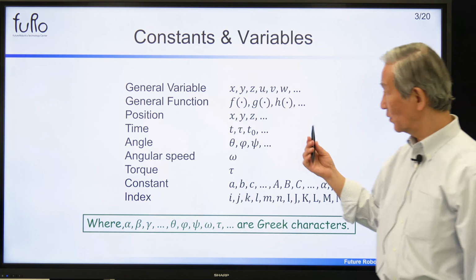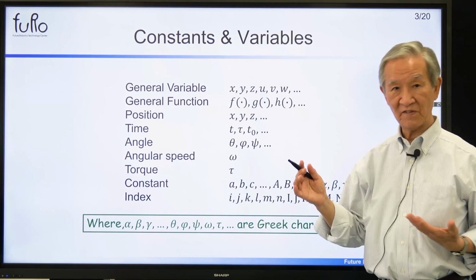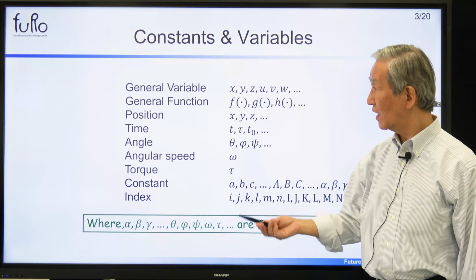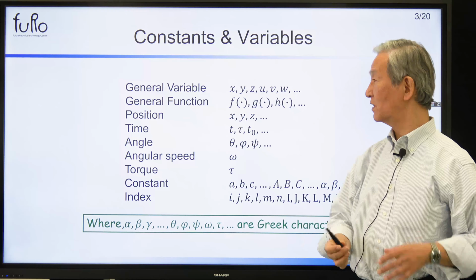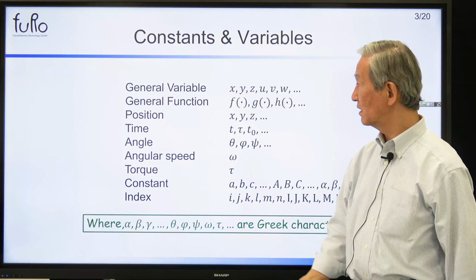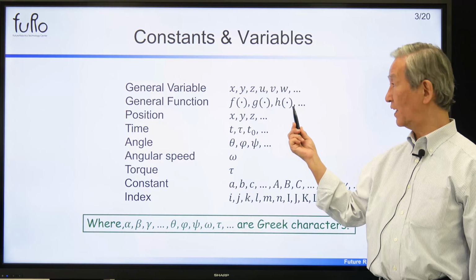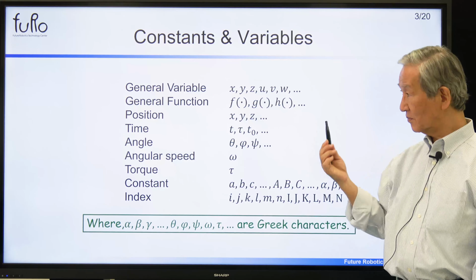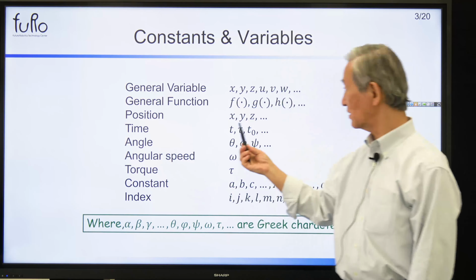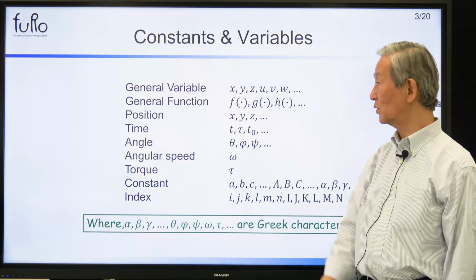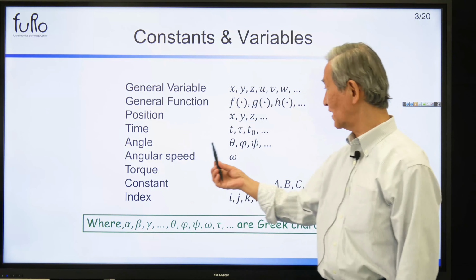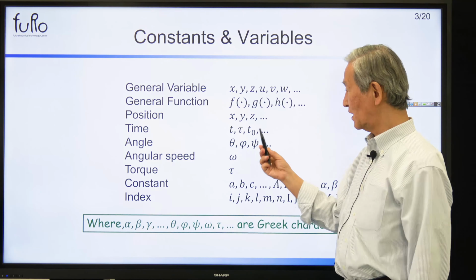I guess you're familiar with those, but let me clarify some of those. General variables, we use x, y, z, u, v, w, etc. And general functions, we normally use f, g, h. Those three, others as well, but positions, x, y, z is the typical one we use. And for the time, t and tau.